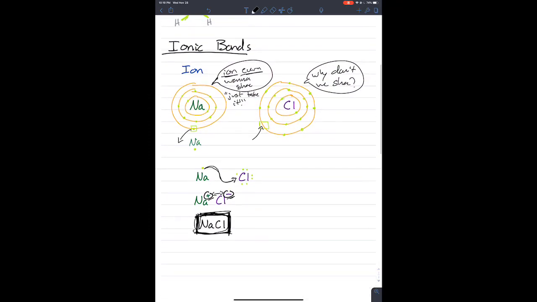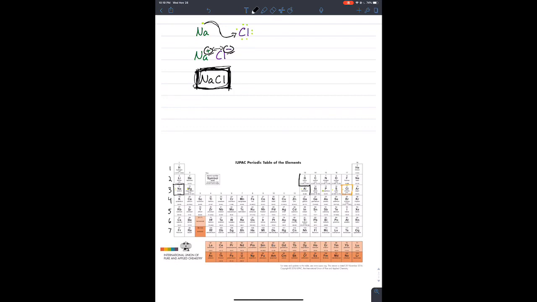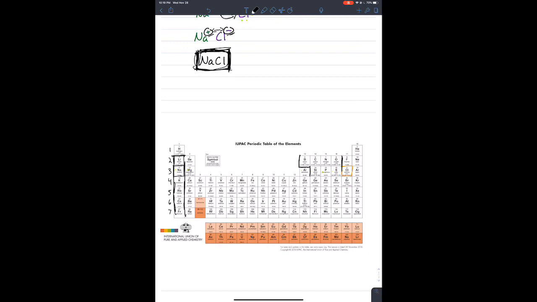That's an ionic bond. Sodium chloride is a very common example, but really anything other than hydrogen. Hydrogen is not included in the alkali metals, but all of these alkali metals really want to react with stuff. They really want to lose one electron and get to the configuration of the nearest noble gas. So they're ready to react, especially with the halogens over here that have 7 valence electrons and really want a valence electron.